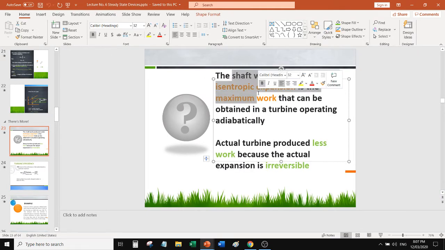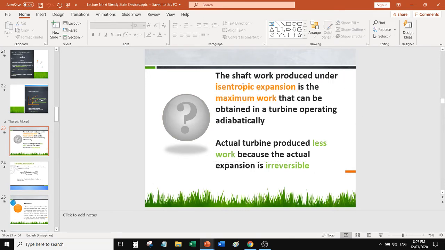We can say that the work shaft produced in an isentropic expansion is the maximum work that can be obtained in a turbine operating adiabatically.